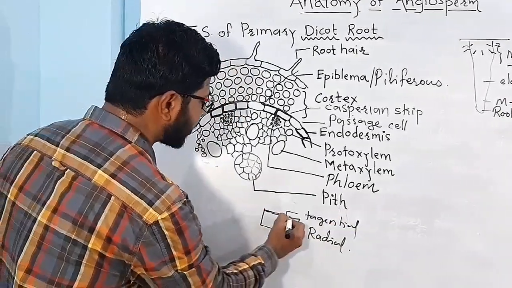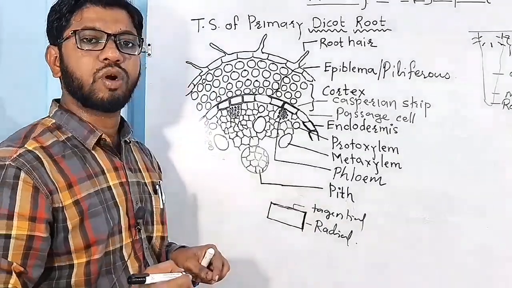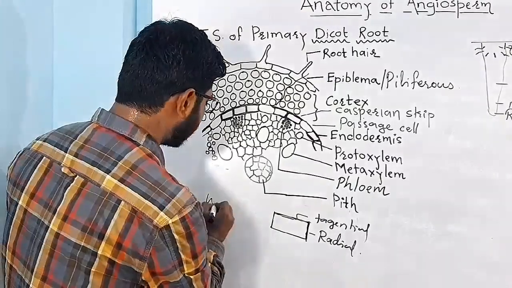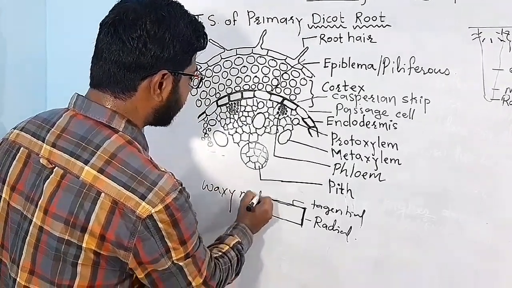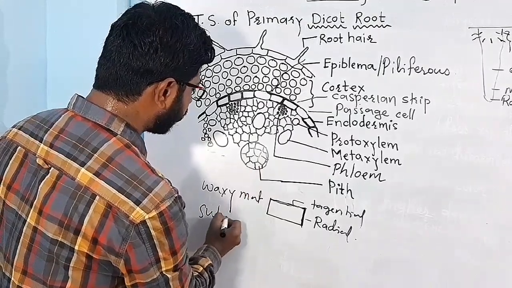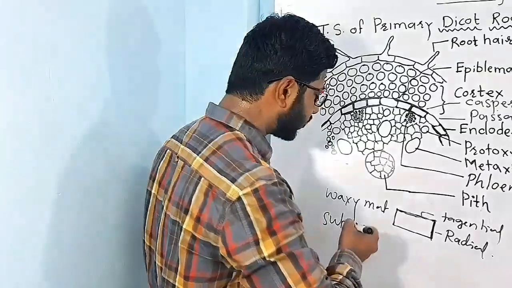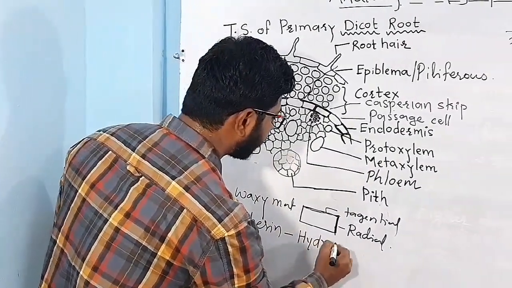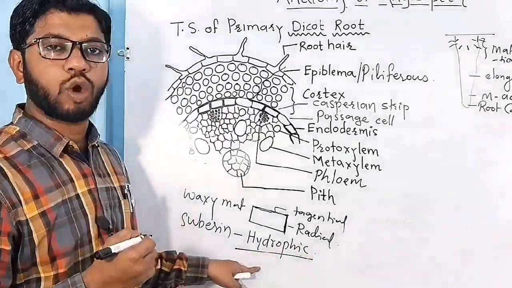On the tangential wall as well as radial wall, there is a deposition of one waxy type of material. This wax or waxy material is known as suberin. Suberin is actually a hydrophobic substance. Hydrophobic means it has water repellent property.